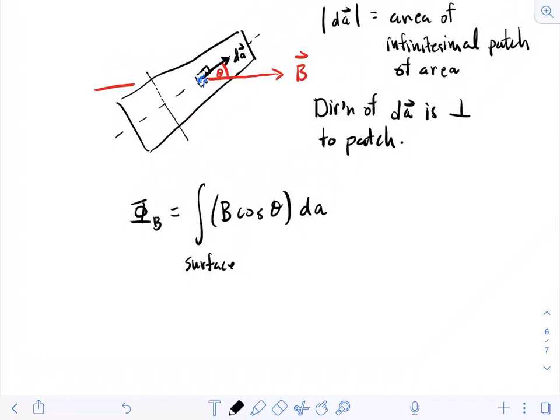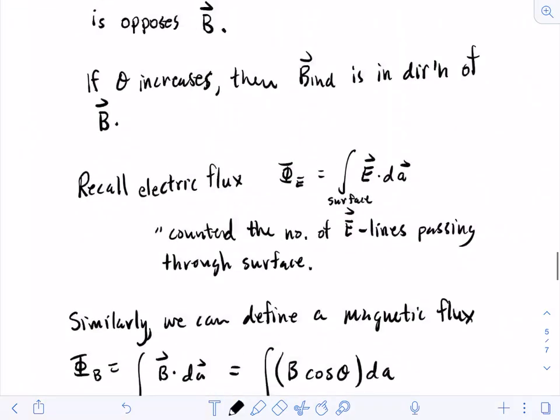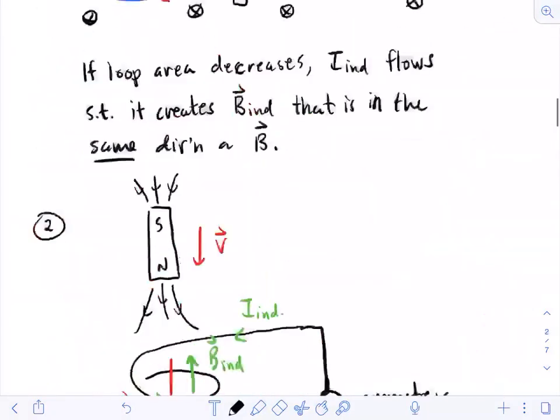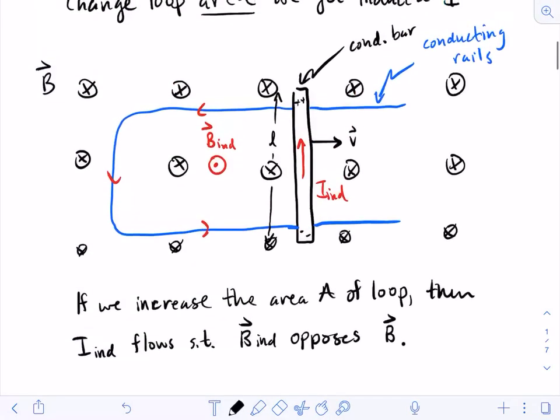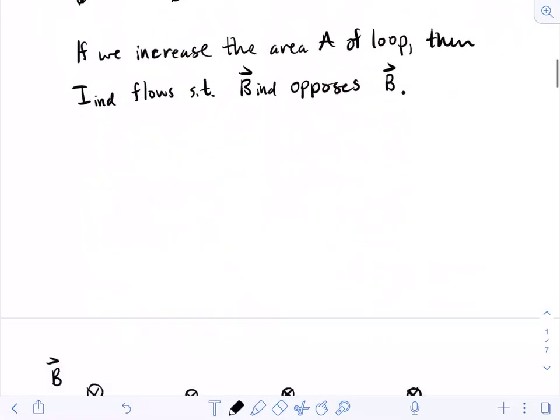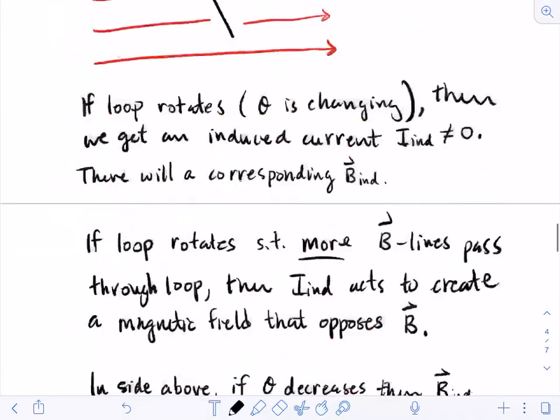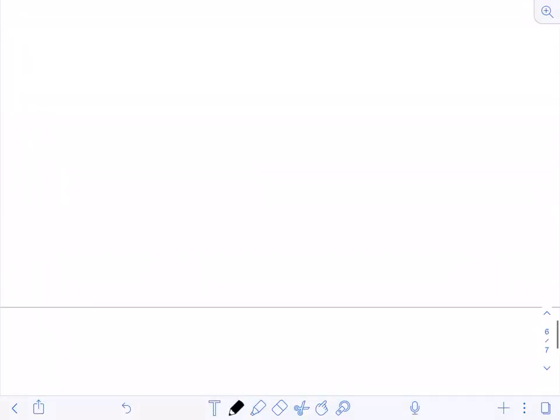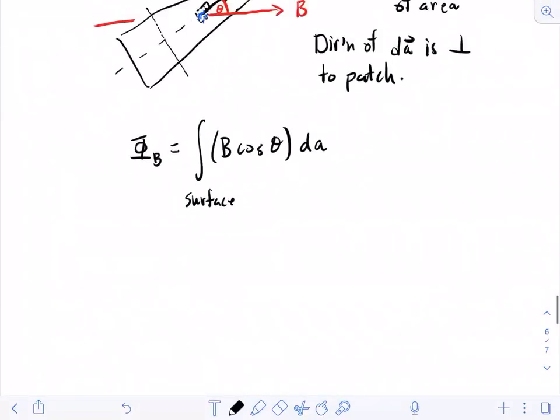And we saw from the motional EMF example, the first one we thought about, if we change that area of the loop, we'll get an induced current. Okay, so we get I induced if we change the loop area.